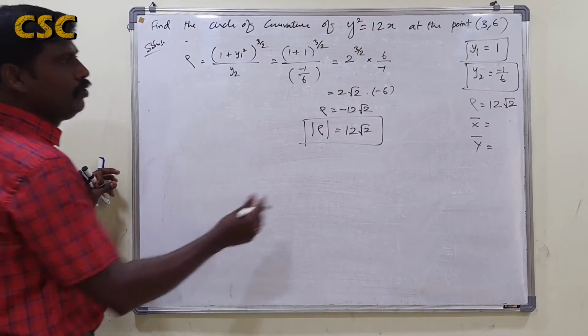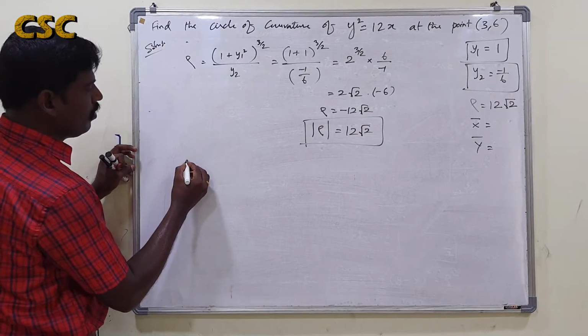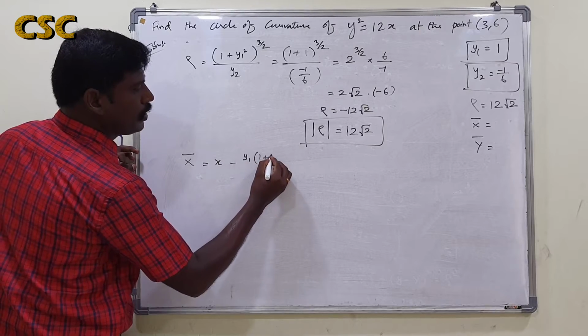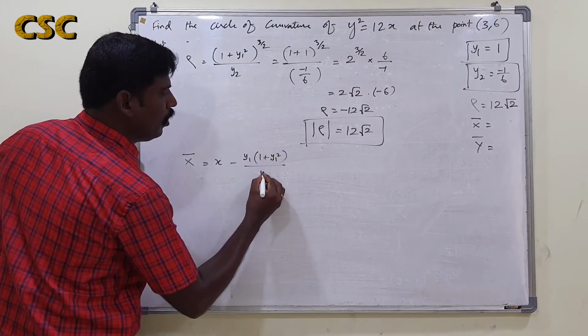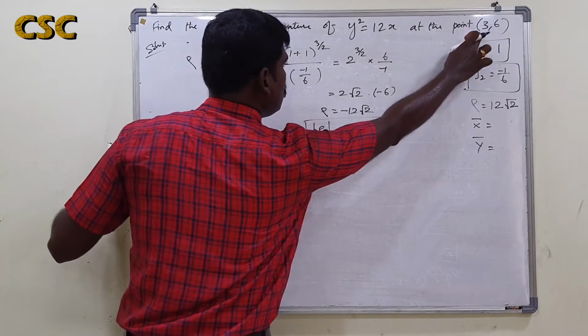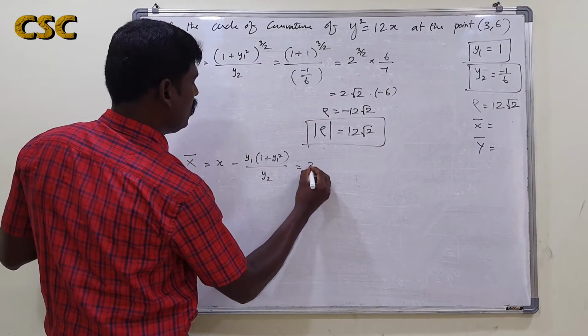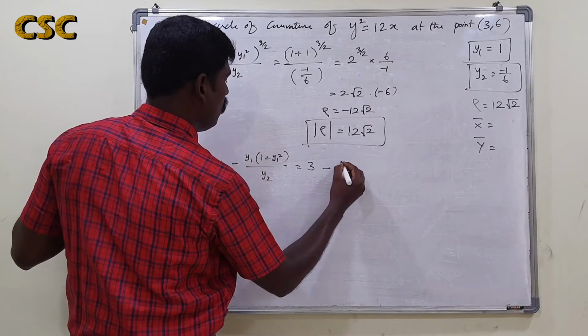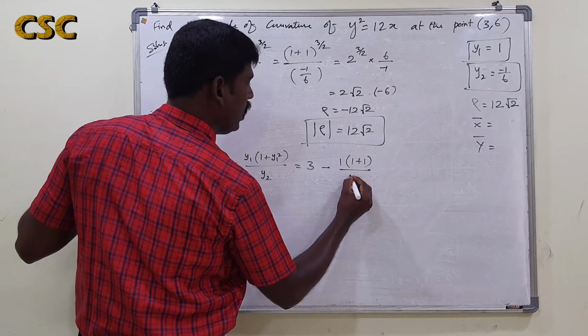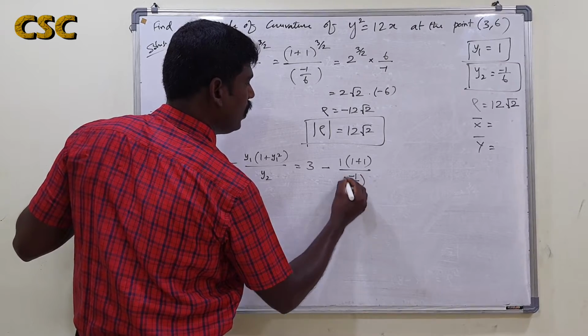Now I am going to find out x bar and y bar through the formula. x bar is equal to x minus y1 into 1 plus y1 square by y2. What is x? x is 3. Right? So 3 minus, what is the value of y1? 1 into 1 plus 1 square is 1, by y2, and y2 is minus 1 by 6.